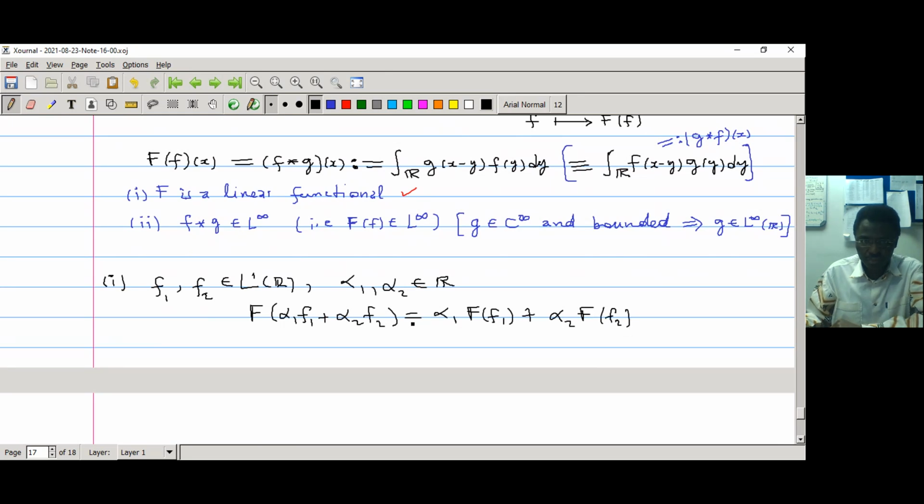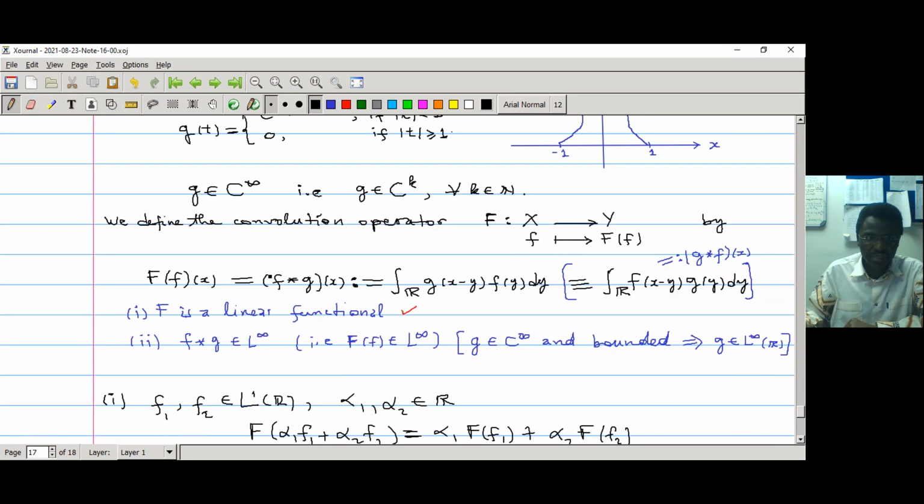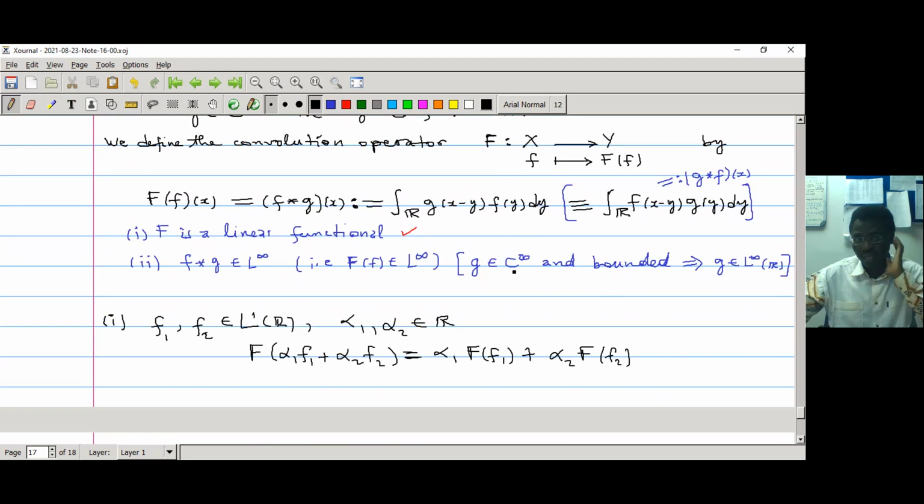This is what we want to show. But in order to show this, I need to use the definition of the function capital F. It is defined in terms of a certain x. So now I need to take an arbitrary x, start from the left, apply x to that, and then expand and see if I get the right hand side.